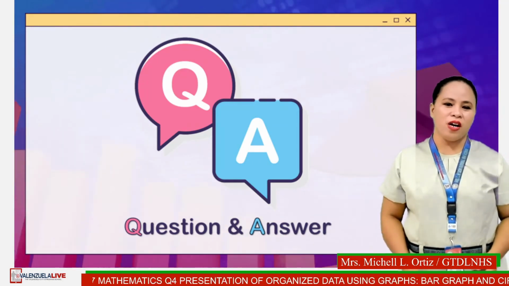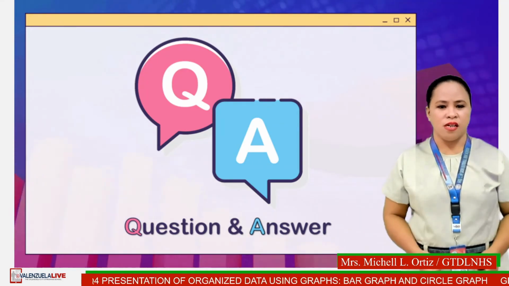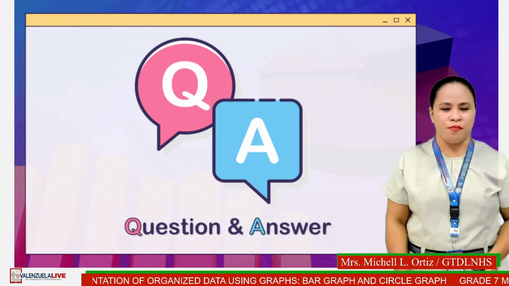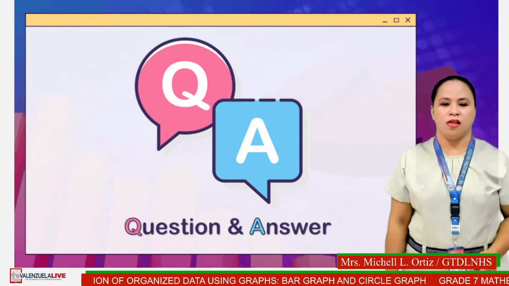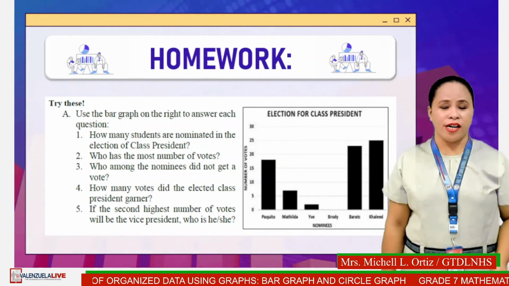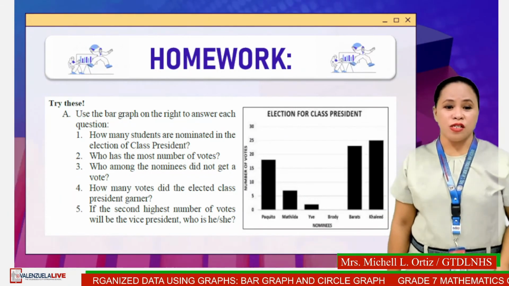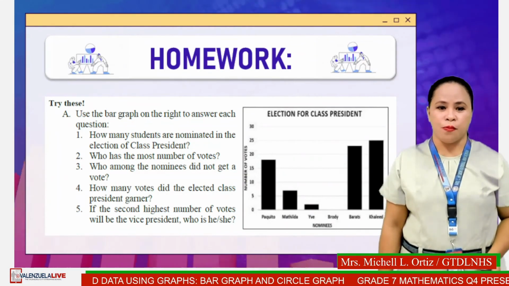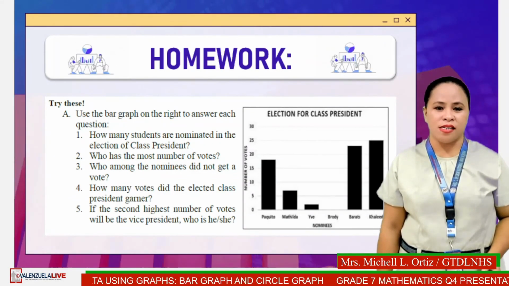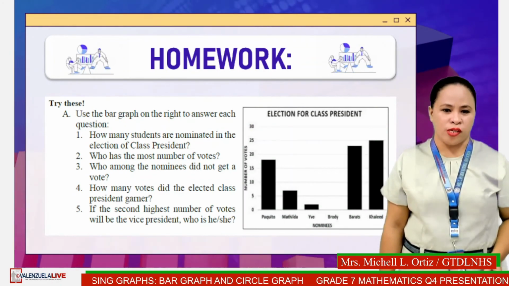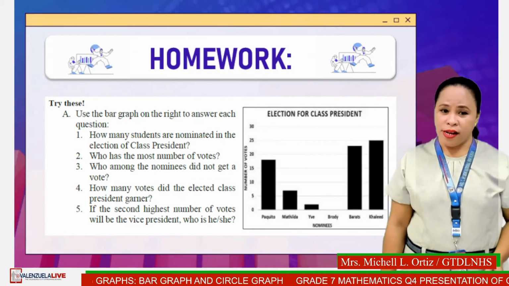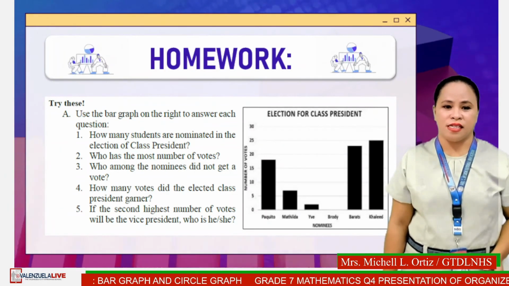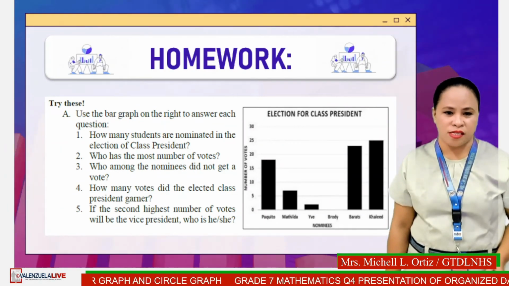If you have any other questions in mind, feel free to ask your subject teacher in your follow-up. For our homework, answer the following activities. Letter A, use the bar graph on the right to answer each question. Number 1, how many students are nominated in the election of class president?